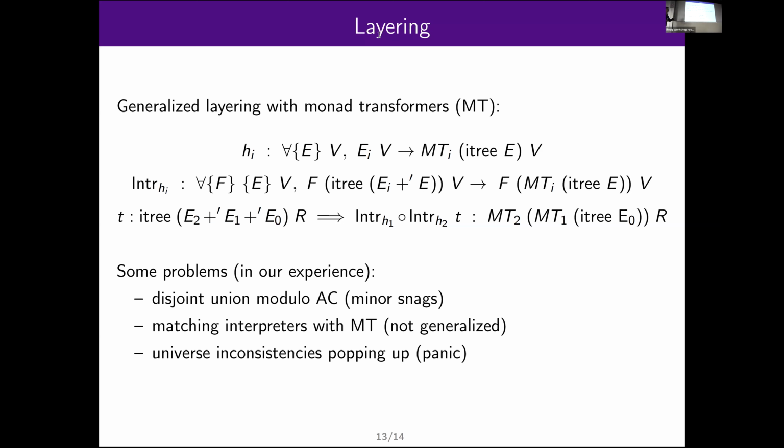There are a few problems, at least we found in our experience using this approach. There are some problems with reasoning on the disjoint union, modulo commutativity and associativity, of event families. It's supported by reasoning comparable to the data types à la carte technique, but there are still minor snags.